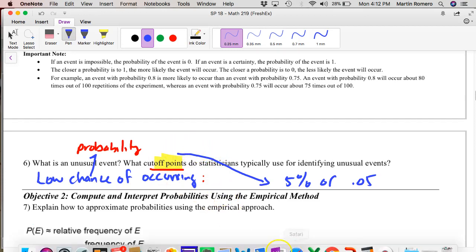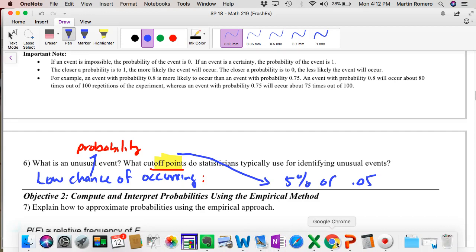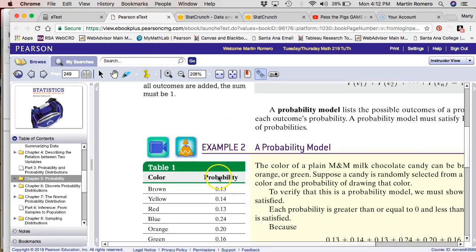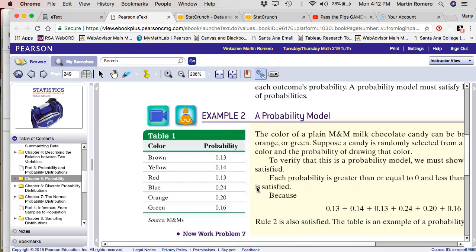I want to show you a quick example, since I don't have it here, of what a probability model looks like. This is from the book. This here is a probability model. It's just a list of probabilities. So when buying a pack of M&Ms, for example, what is the probability that you get brown, yellow, red, or blue? This is the distribution. It's almost like a frequency distribution, but we would call it a probability model, or a probability distribution.